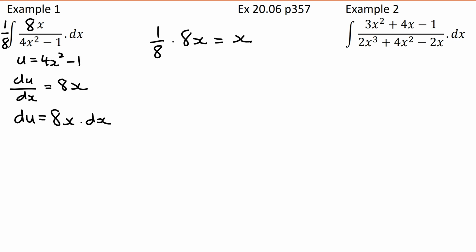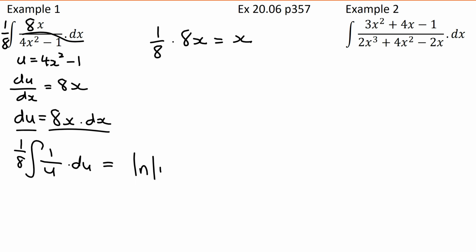Because now what I've got here is I've got 8x dx, I've actually got du. So now what I'm going to integrate is 1 over u du. Now you guys all should be aware that if you integrate 1 over u, you're going to get log u, aren't you?